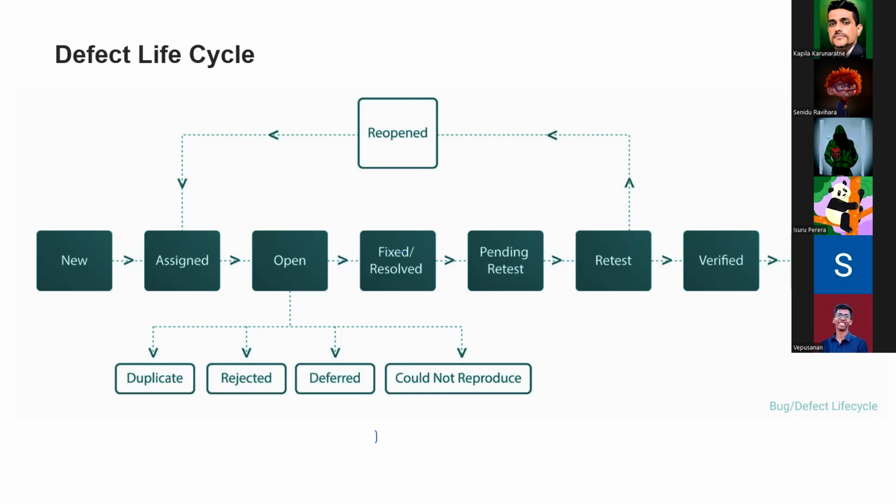But in certain scenarios, due to these defect fixes, many other places might be impacted. Because of this code change, some other functionalities might get impacted. So by retesting this defect, you can't make sure other functionalities are working fine.